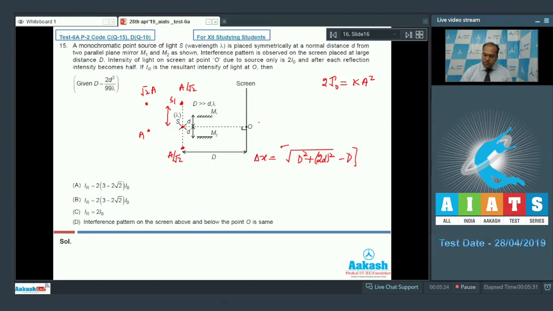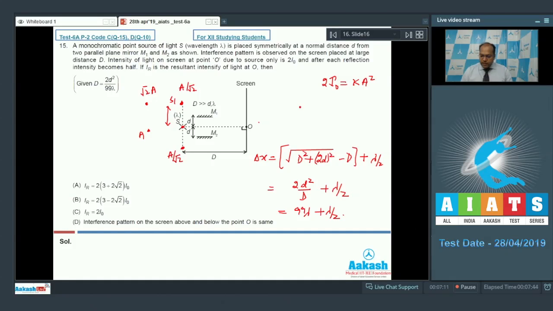This is the optical path difference, plus there is a path difference due to reflection of light from the plane mirror, so that is lambda by 2. So if I solve this, then it comes out to be 2d square by capital D plus lambda by 2, and it is given that the value of 2d square by capital D is 99 lambda. So this is 99 lambda plus lambda by 2.